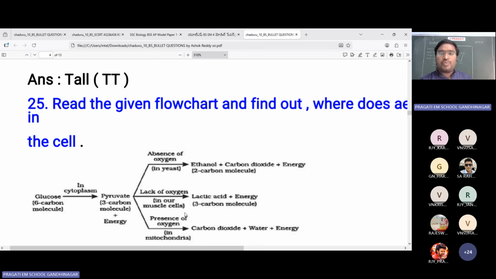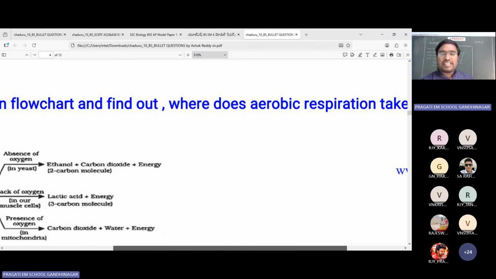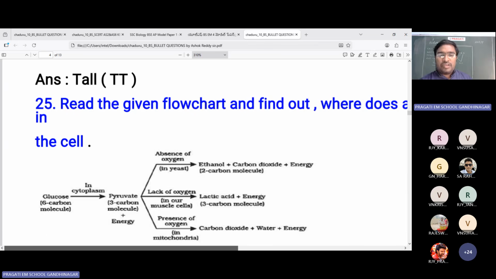See, the question is, where does aerobic respiration take place in this cell? Aerobic respiration means the respiration process takes place in the presence of oxygen. If it is not in the presence of oxygen, that means a lack of oxygen, that is anaerobic respiration, isn't it?